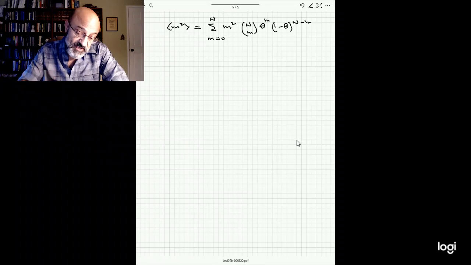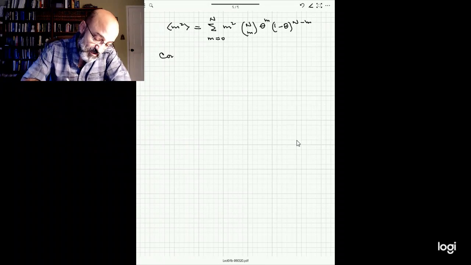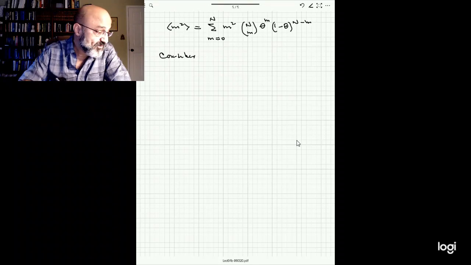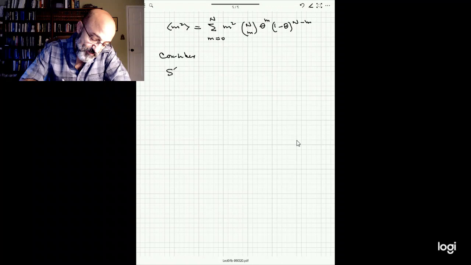The same trick as before suggests that we consider the following sum, which we call S prime.